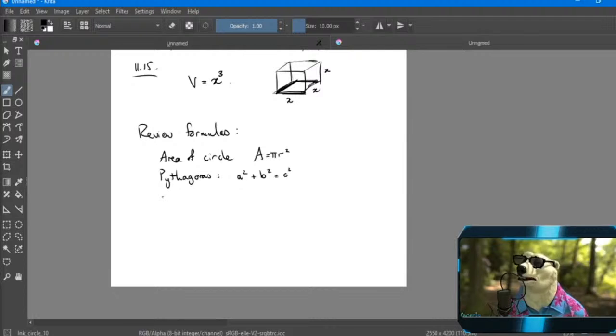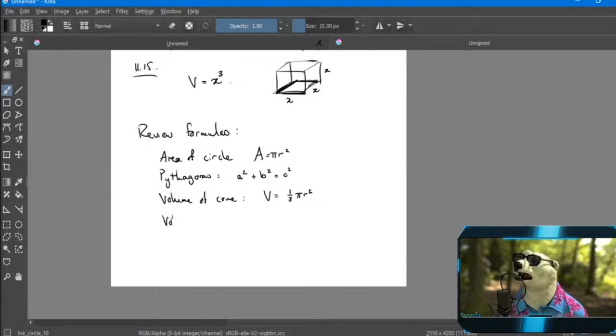Then we have a cone. Let's clarify that. Volume of a cone, which is a third pi r squared times h.